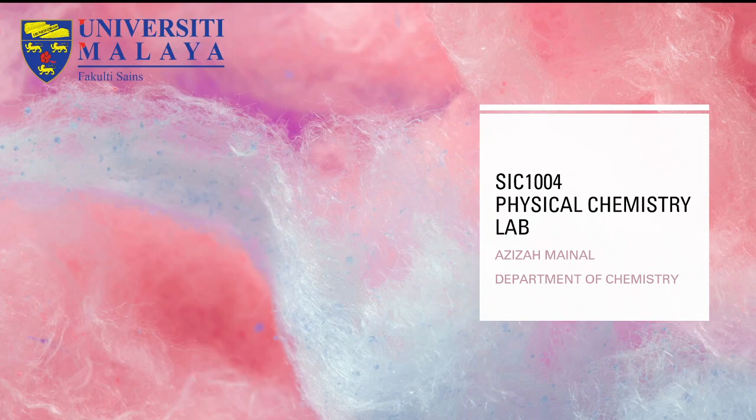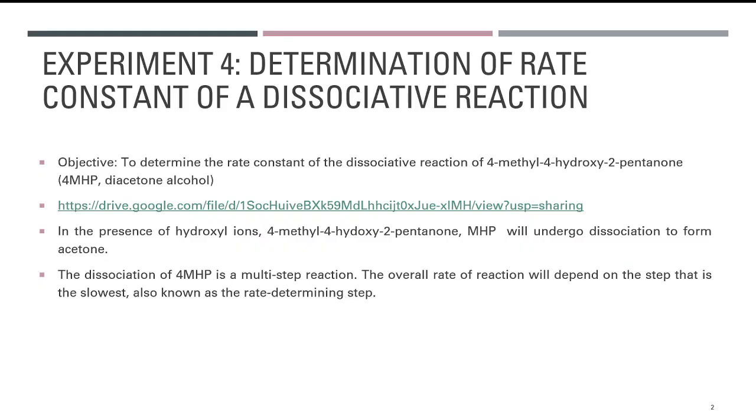SIC1004 Physical Chemistry Lab. Now we're going to talk on experiment 4, which is the determination of rate constant of a dissociative reaction. And we're looking at the 4-methyl-4-hydroxy-2-pentanone, also known as 4-MHP. So this is a diacetone alcohol.